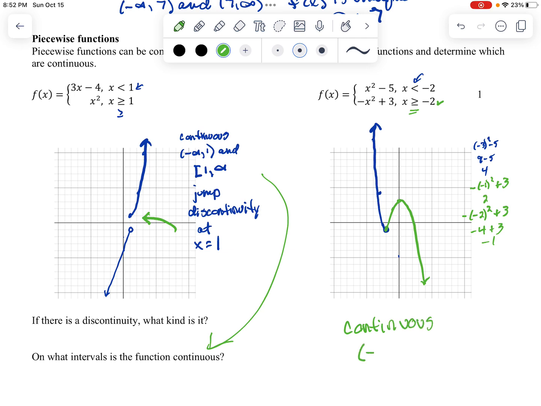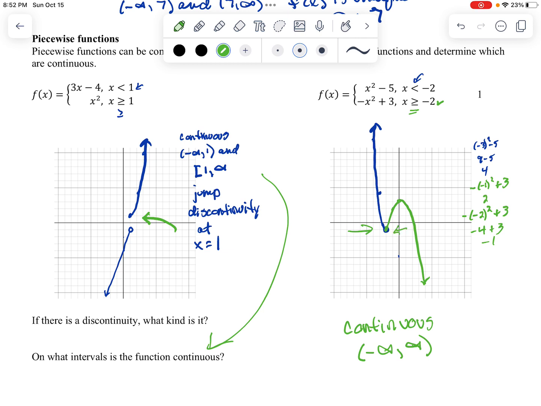And it's continuous over the interval negative infinity to infinity. Why is it continuous? Well, condition number 1, the function exists for every real number. Number 2, the limits from the left side and the limits from the right side all go to the same point.